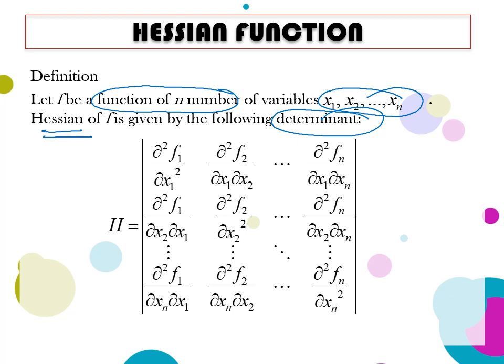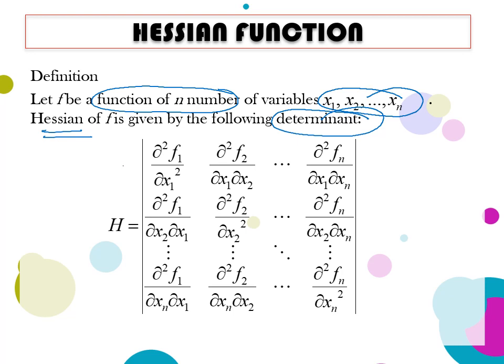So in order to determine the Hessian, or determinant, of a function, we need to find the second order partial derivative of all functions that we have. It will be treated like this.